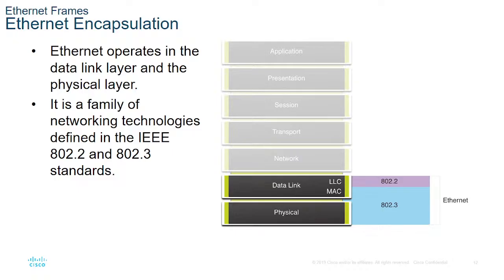So the link layer is comprised of two sublayers. One is called the logical link control sublayer and the other the media access control sublayer. The functions of the link layer are divided between the two sublayers, each performing a specific function, but both their functions combined make up the entire functions of the link layer. So at those two layers, the data link and the physical, we have Ethernet as a protocol that is running there.